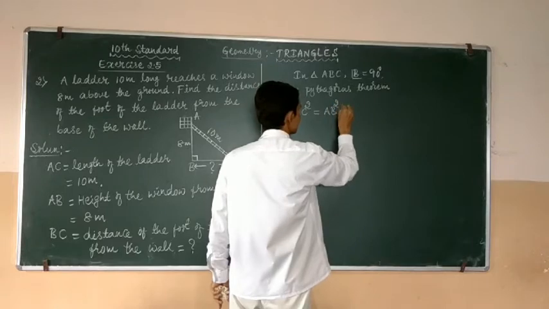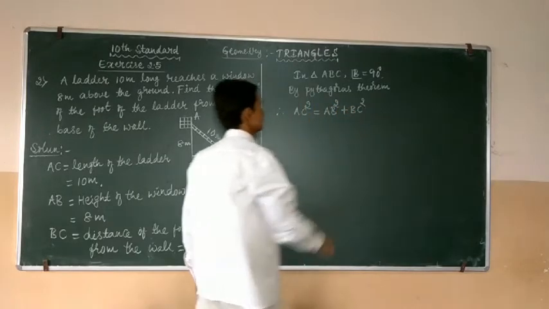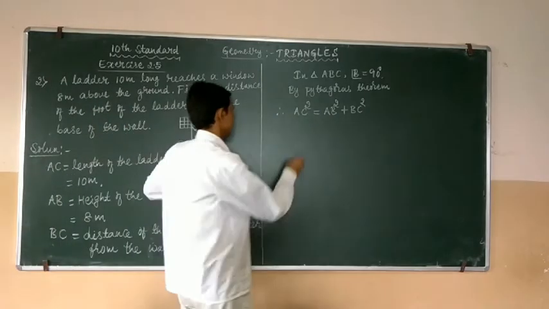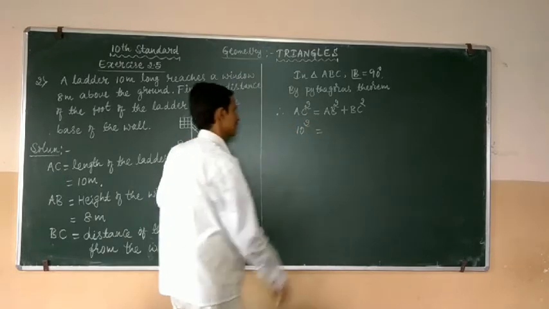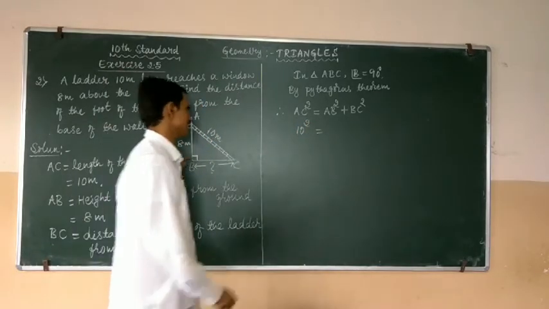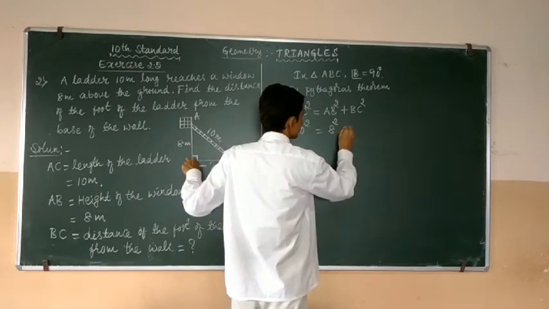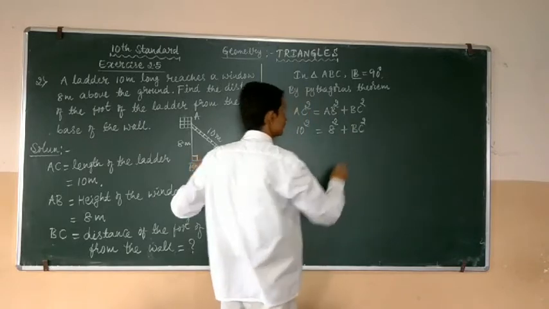Substitute the values of AC and AB: 10 square equals 8 square plus BC square.